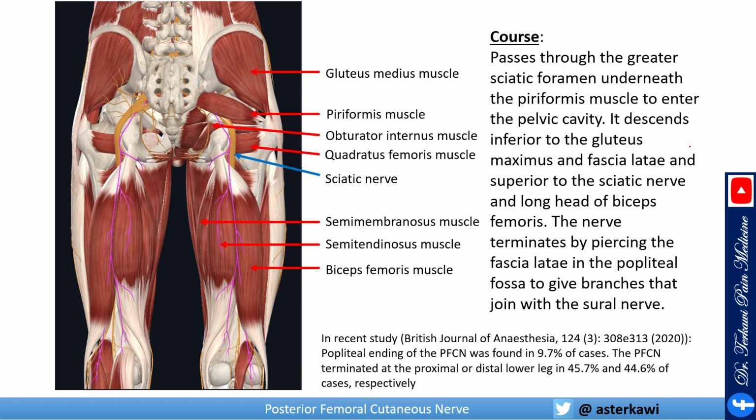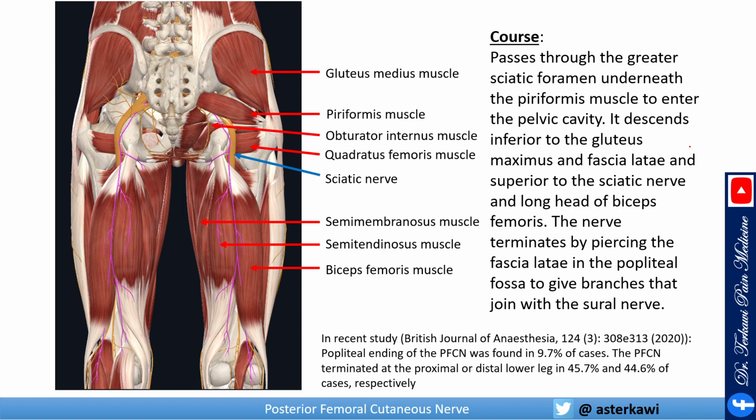The nerve terminates by piercing the fascia lata in the popliteal fossa to give branches that join with the sural nerve. Well, that's what we know from all the anatomy books.